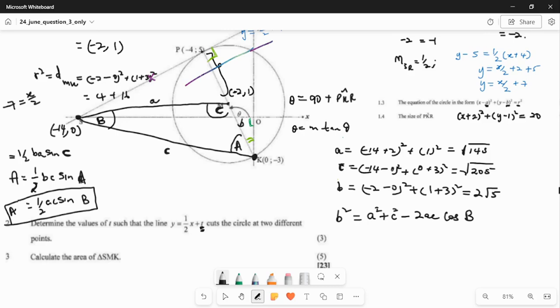So using our cosine rule, we'll find what the angle B is. Let us make cosine B our subject of the formula. We know what our B is, and our A and C, we have all of that.